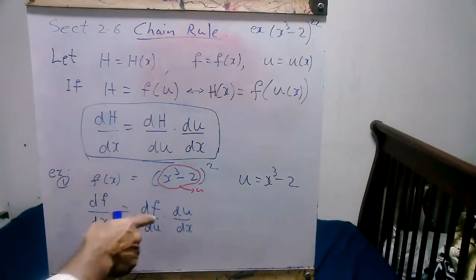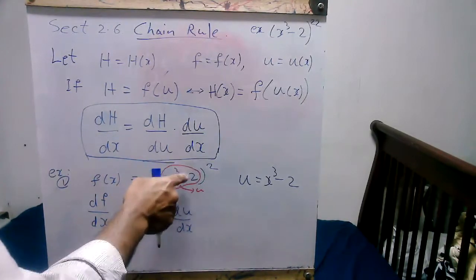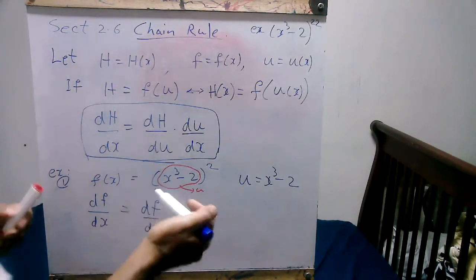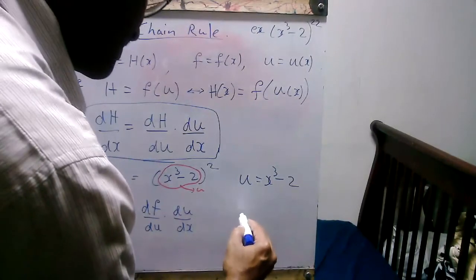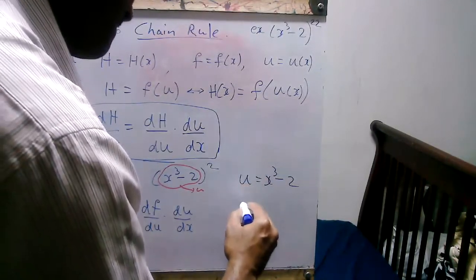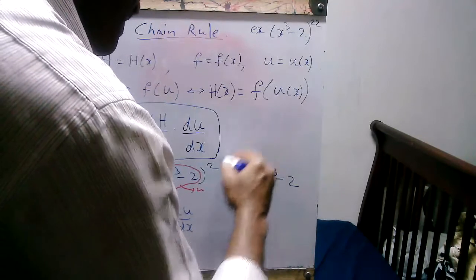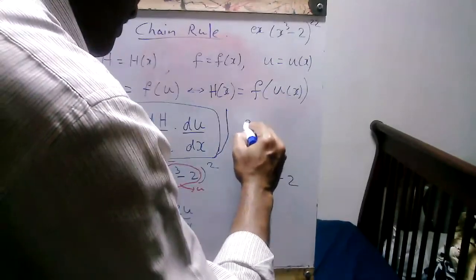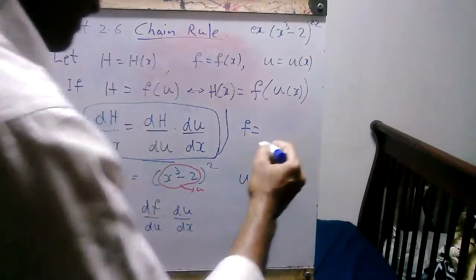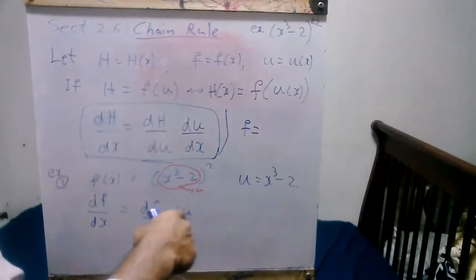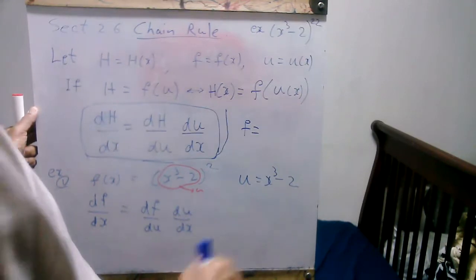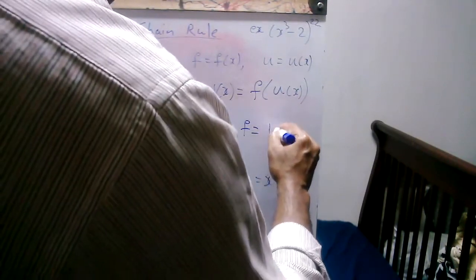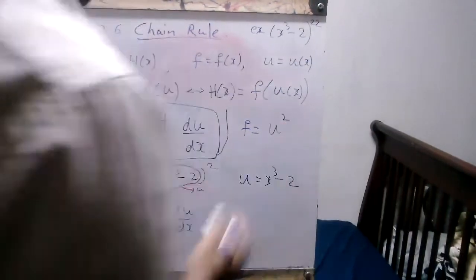Right? Now if you take this part as u, then what is f? Then f equals to u square.